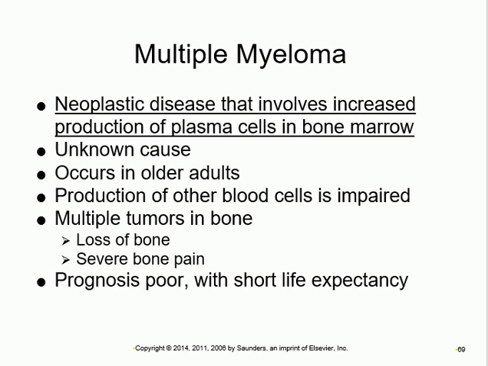Last thing here in this chapter is multiple myeloma. The only thing that I want you to know about it is that it is a cancer in the plasma cells. That's good enough to know. Cancer of the plasma cells. What are the plasma cells? These are the mature B cells, one of the white blood cells.